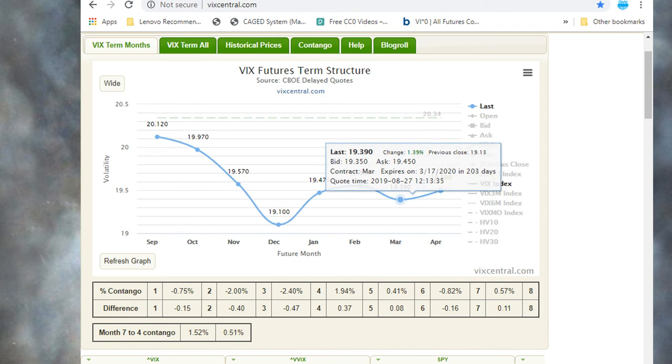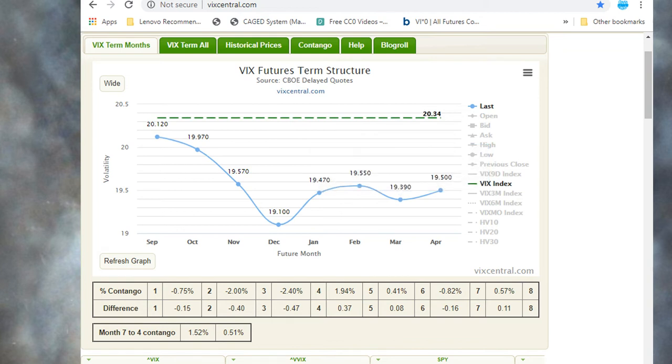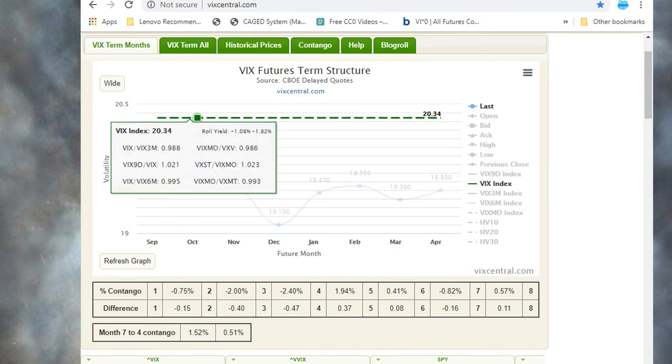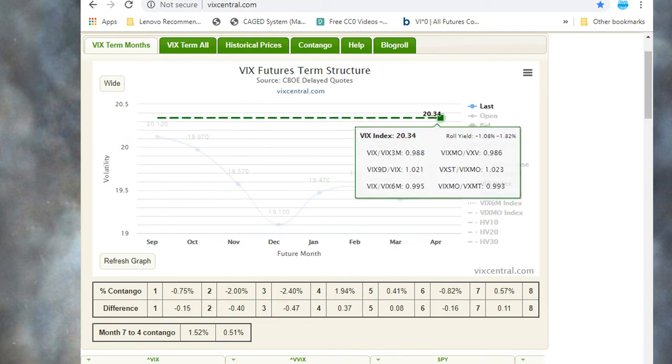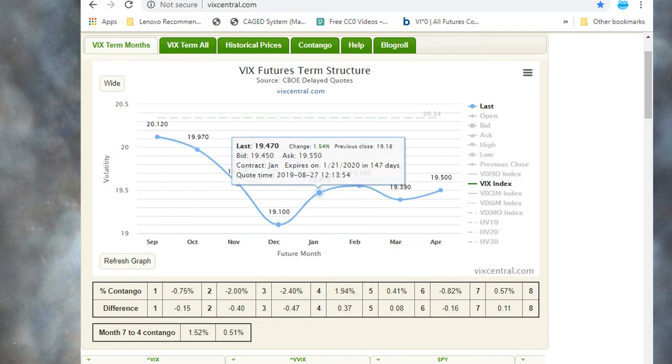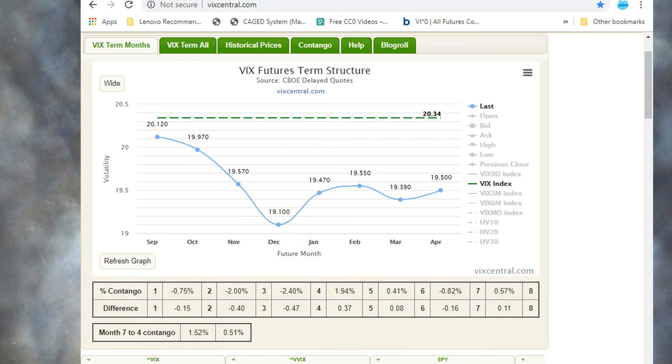But really, between backwardation and contango, it's kind of a moot point right now because we're showing backwardation of 0.75%, less than 1%. We've been bouncing in between with a very flat curve. So the curve doesn't really know what it wants to do right now.